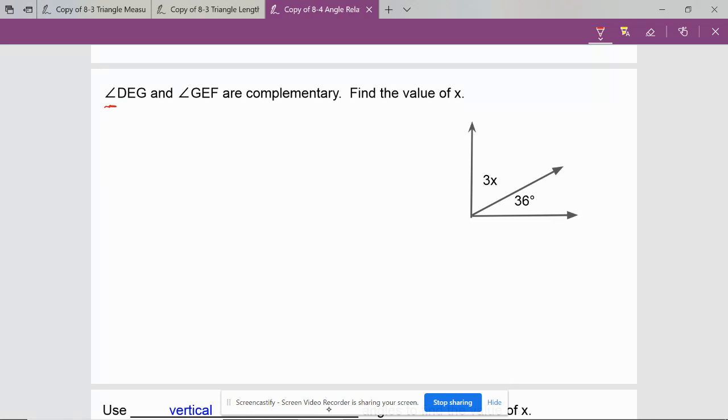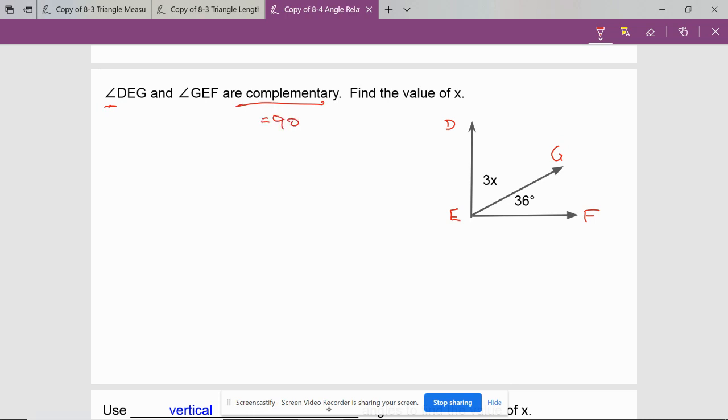So that means that these, let's label this DEG, GEF. That's how we'd label those. We're going to find the value of x. Remember, complementary is going to be equal to 90.